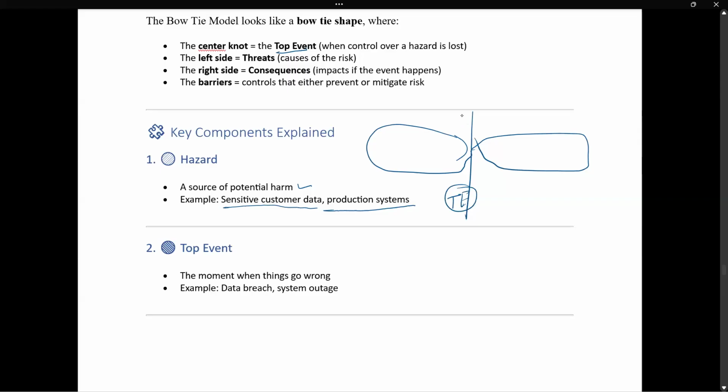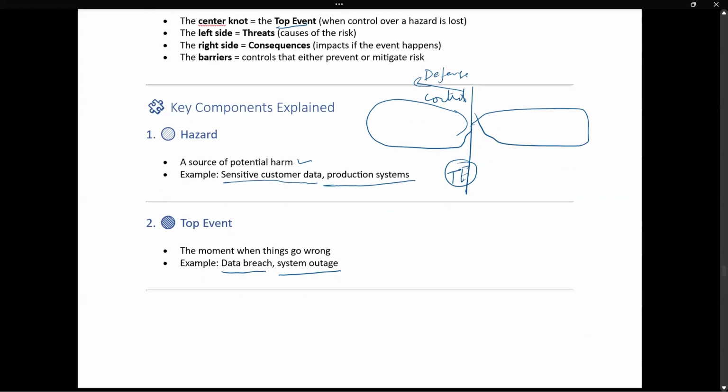Before this were the defenses or controls which you already put in place. So what could the event be? A data breach might happen, a system outage might happen, or maybe an internal employee did some misconfiguration or made some mistakes. Any of these would be called a top event.